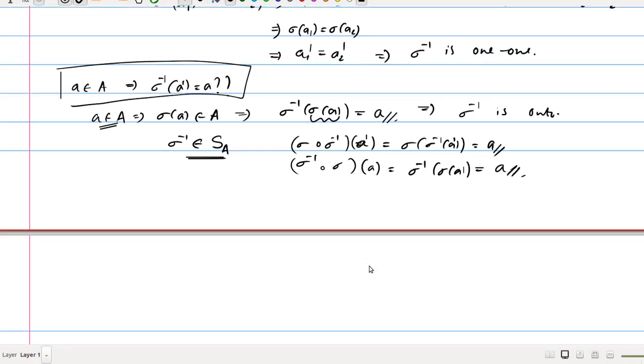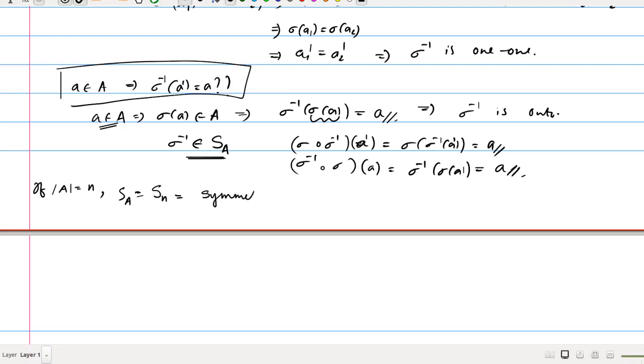We already discussed that if A contains n elements, that is, the cardinality of A is equal to n, we write SA as Sn, and it is called the symmetric group of n letters.